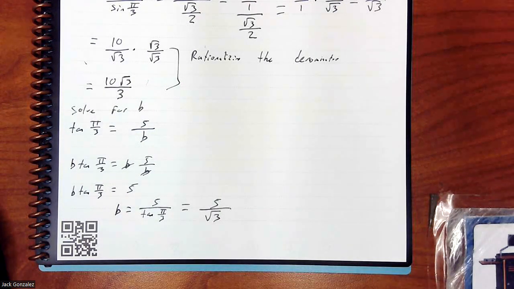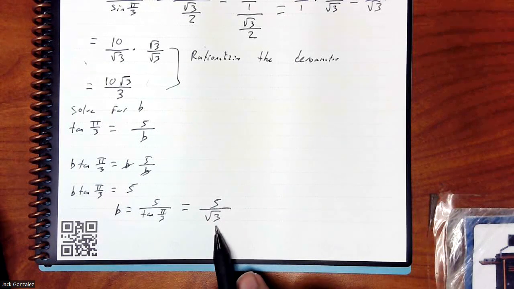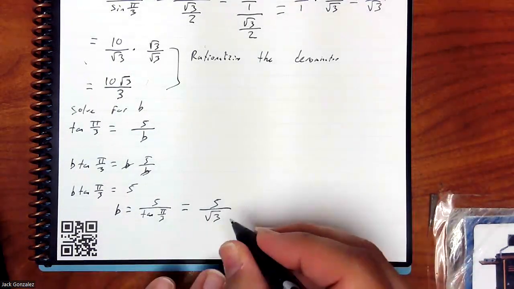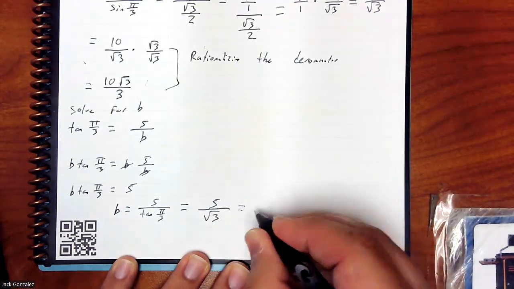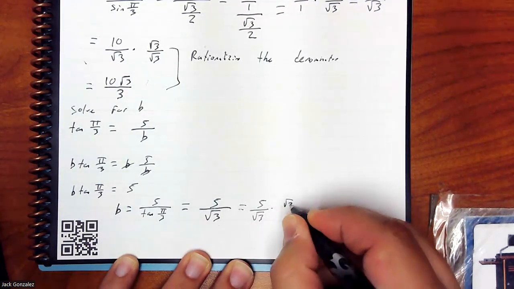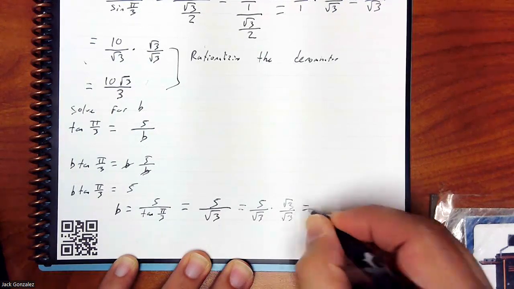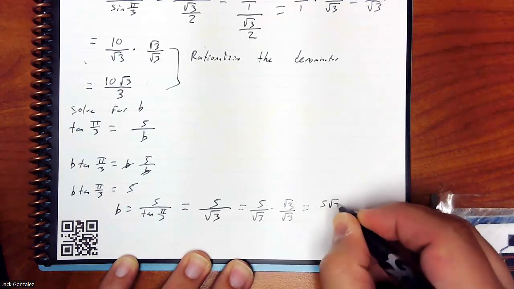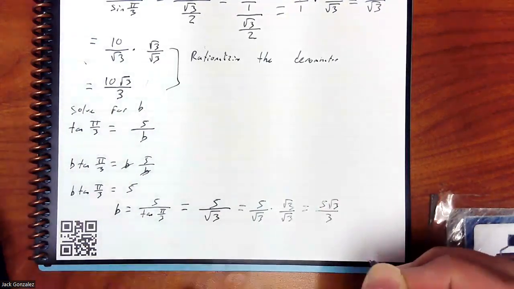It's just sine over cosine, just divide the two. Is that clear? So the twos will cancel, leaving you with just this root 3. So at that point, it's good enough, but we have to rationalize. So that gets us to 5 root 3 over 3.